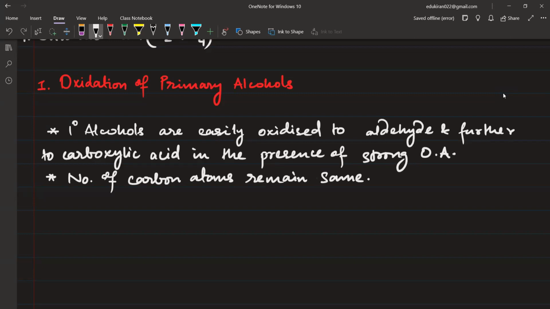So this important point is going to be useful while writing the products. Next point, to obtain aldehyde. If you want to stop the reaction at aldehyde and not further oxidize it to carboxylic acid, then weak oxidizing agents are used.